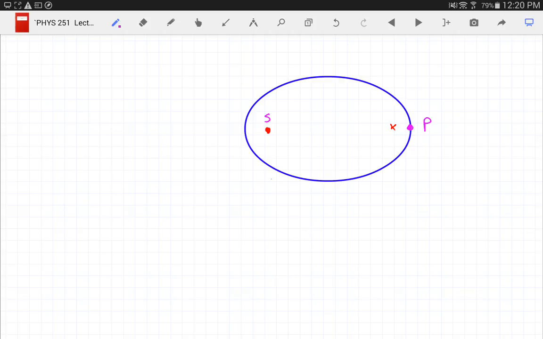It gets more negative. So it's going down to lower and lower potential energies. When it's here, it's at the lowest potential energy, and out here it's the highest.